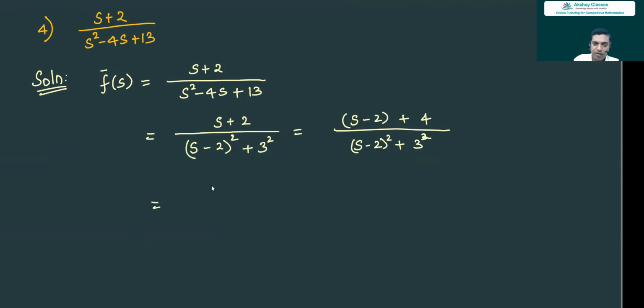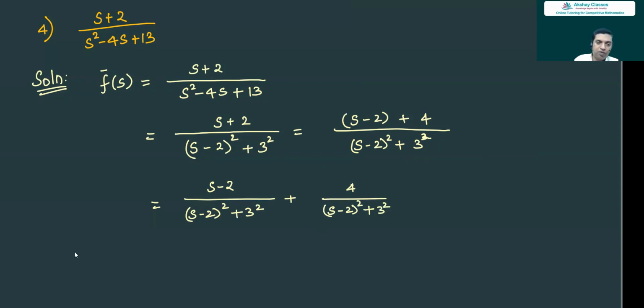Now we can split into partial fractions. The first term divided by the denominator, we get s minus 2 over s minus 2 the whole square plus 3 square, plus 4 upon s minus 2 the whole square plus 3 square.